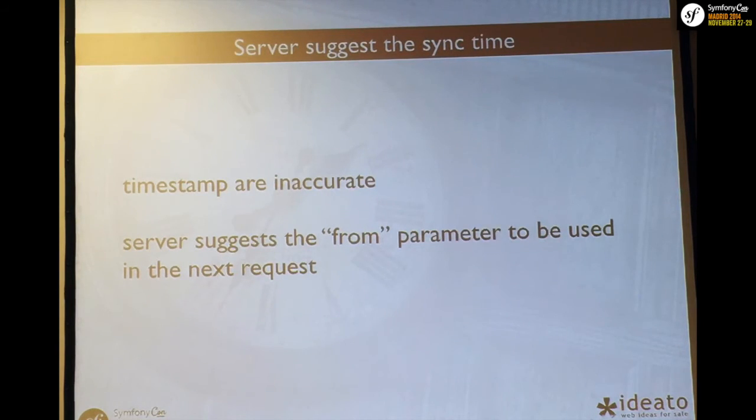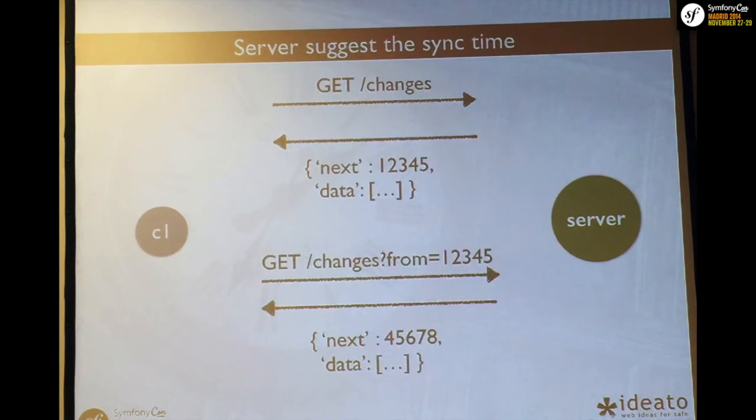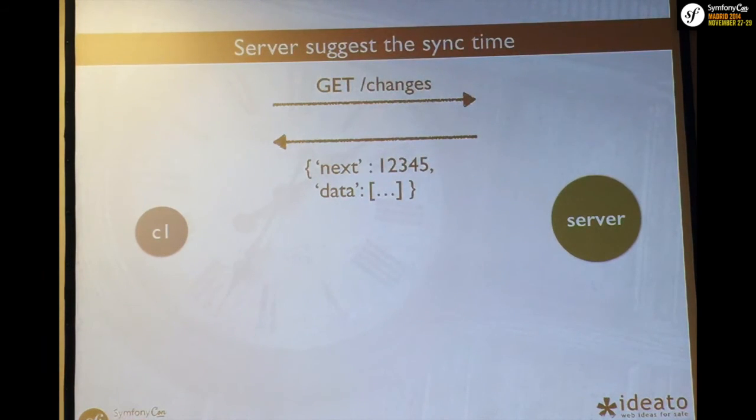Basically, how it works. In the first request, we are issuing a changes get request, and the server responds with the array of data we need to integrate in the mobile client and a next parameter, which means: the very next request you are going to issue, just use this parameter.